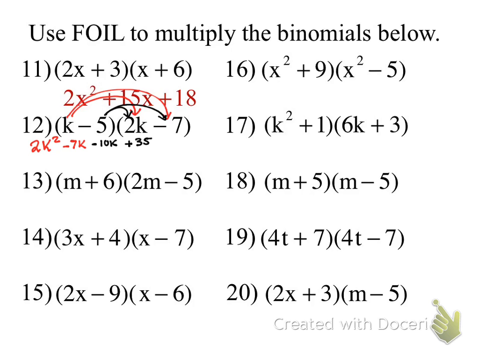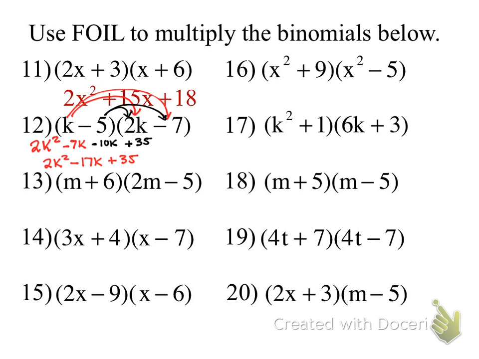And then we combine our like terms. So I get 2k squared. What does negative 7k and negative 10k make, Julia? Negative 17k. Good. And then plus 35. Okay, next one, go. Eitan.